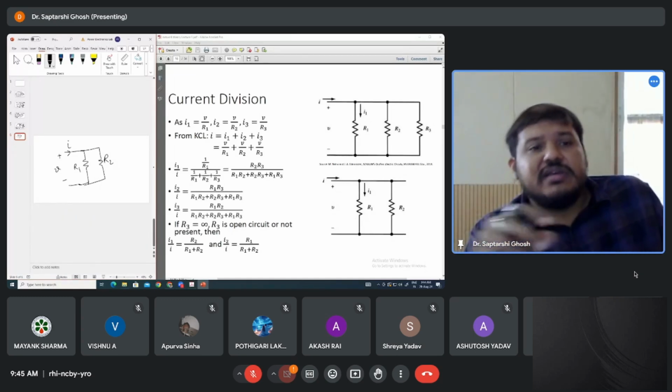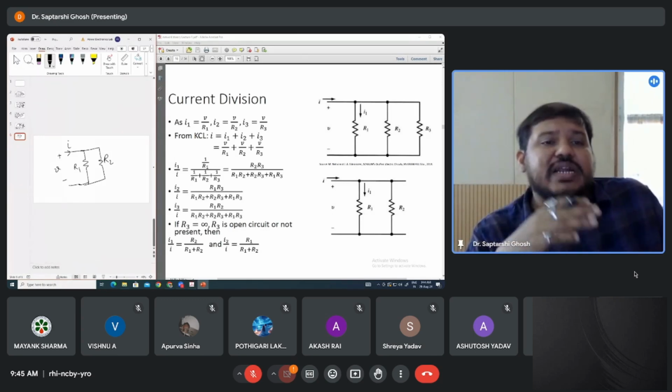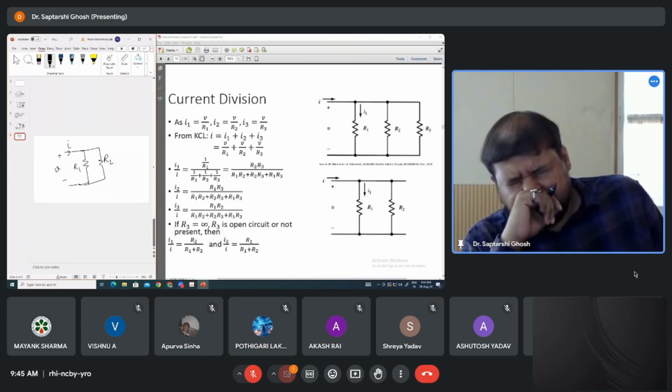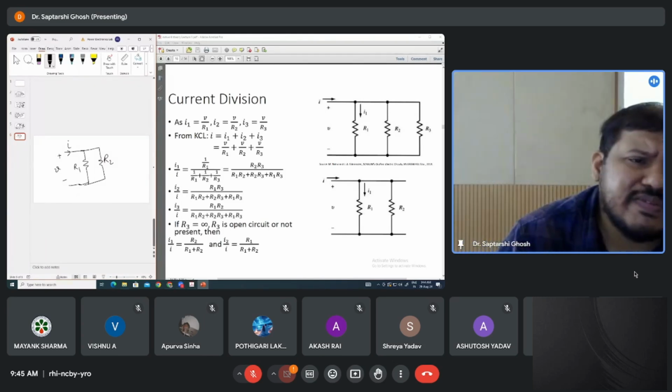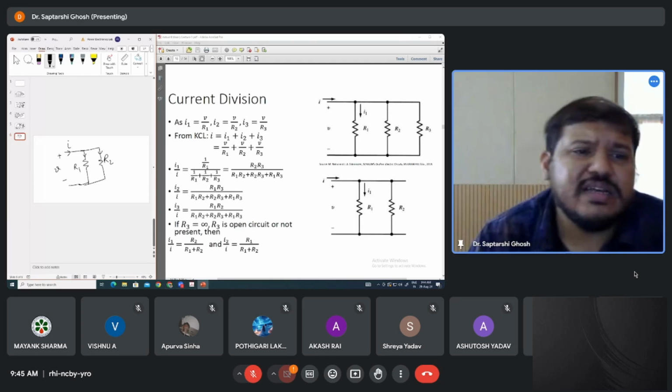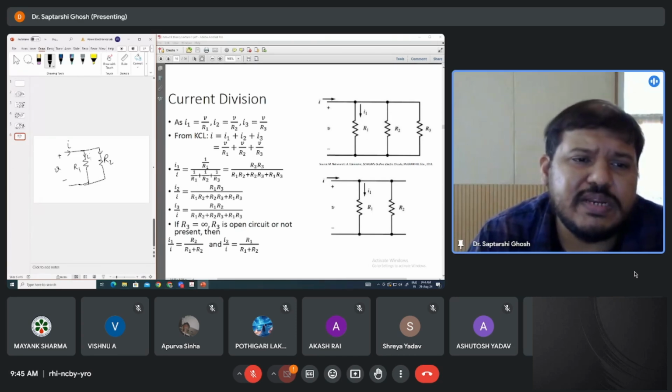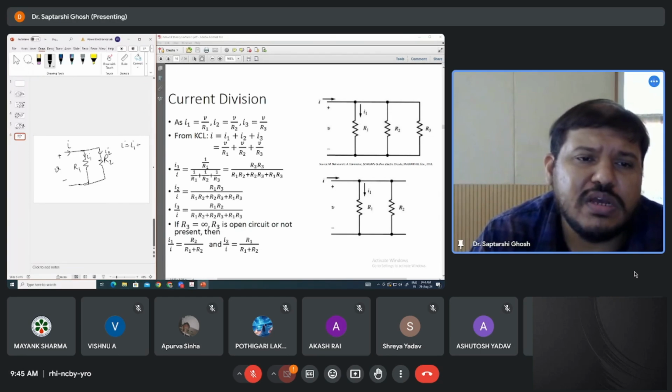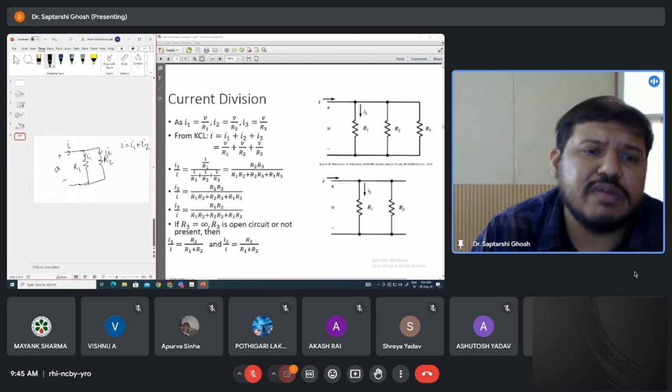Now here the resistances are connected in parallel. That means the current that was flowing through here will get divided into two parts, again using KCL. Whatever current is entering, the same current will be getting divided into two parts. That will definitely be I equal to I1 plus I2.